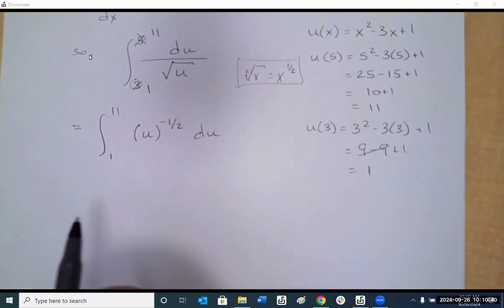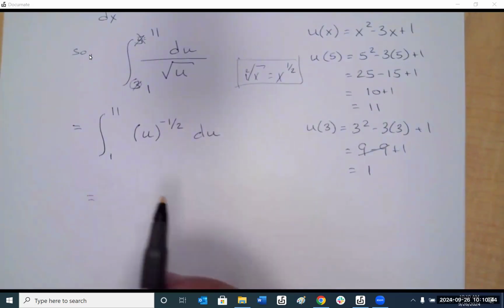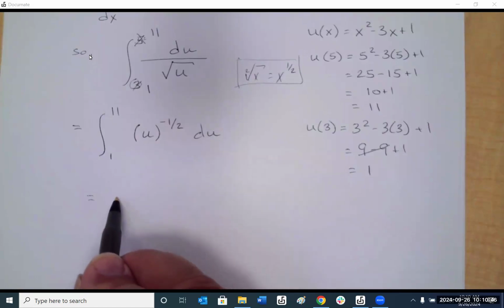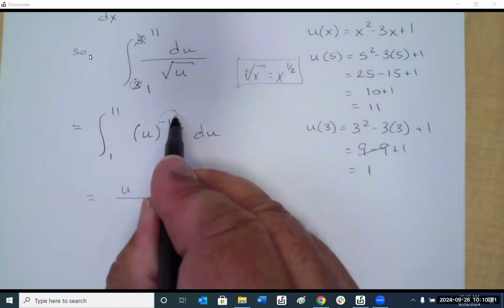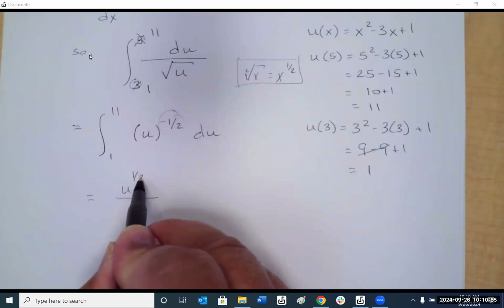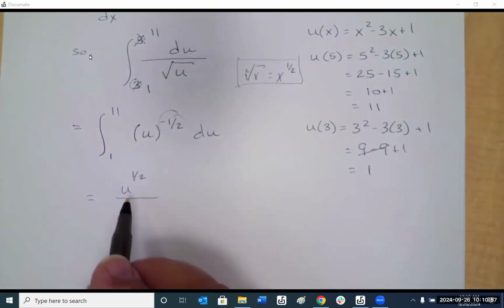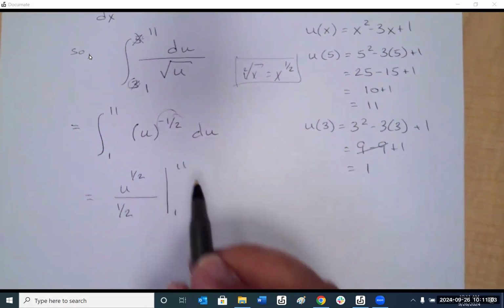So what's the integral? We add 1 to that exponent. So negative 1/2 plus 1 is positive 1/2. And then we divide by what we added. So now our bounds go from 1 to 11.